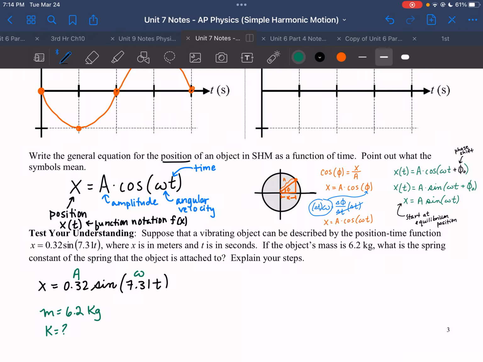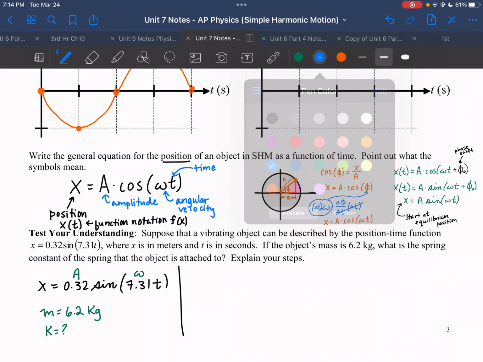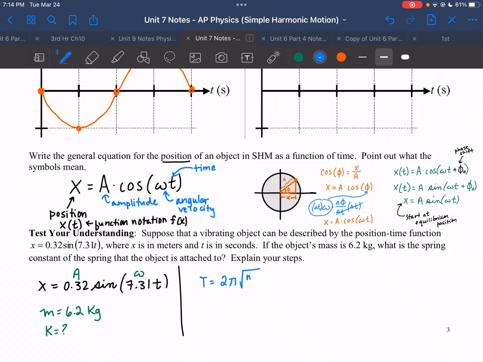So we know that the period of a spring is capital T. And from our derivation, we know that capital T is equal to 2 pi times the square root of m divided by k, mass over spring constant. That's going to tie my spring constant in pretty nicely. Now, I also know that omega is going to be 2 pi over the period. 2 pi because that is one rotation over the time it takes to complete one rotation, which is the period.